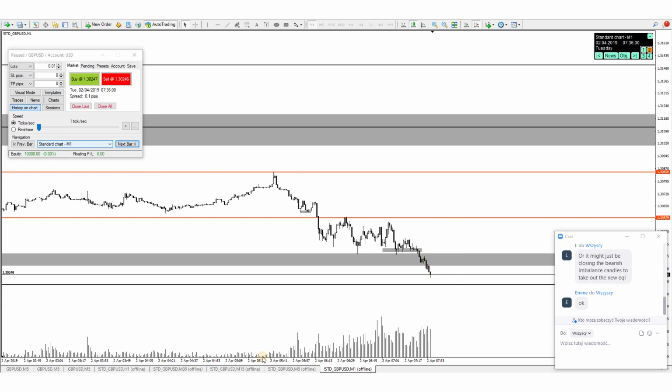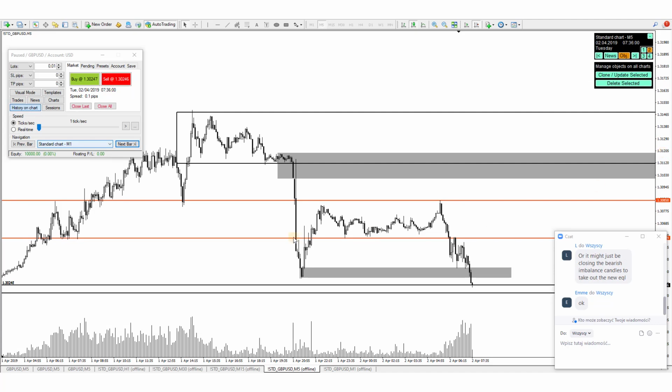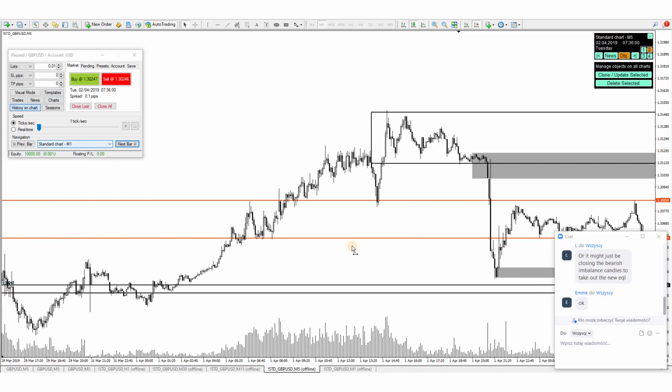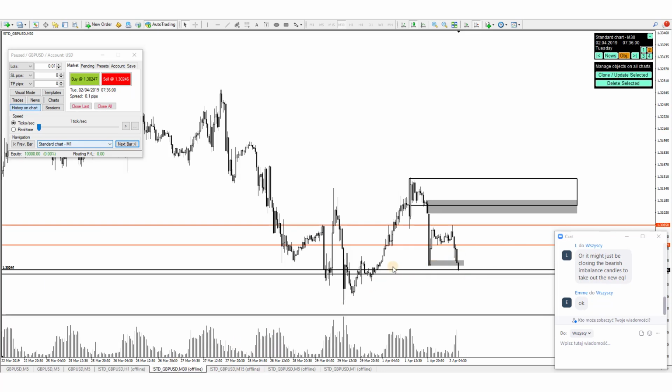Still increasing volume. This is crazy. Did I miss something here? I'm just looking, guys, if there's something else because this price is going too strong down.